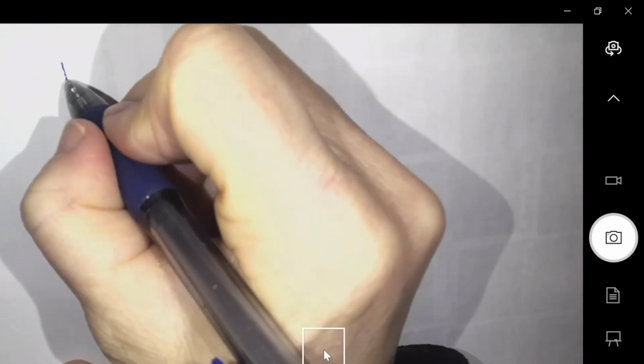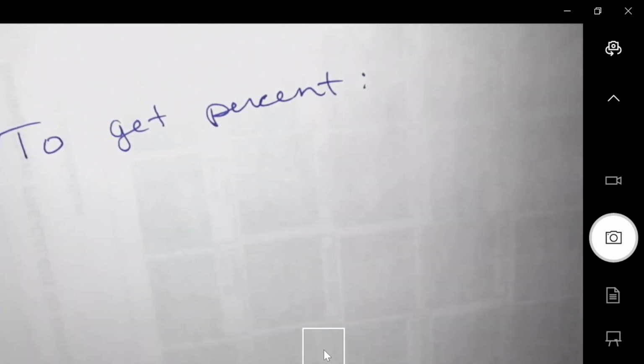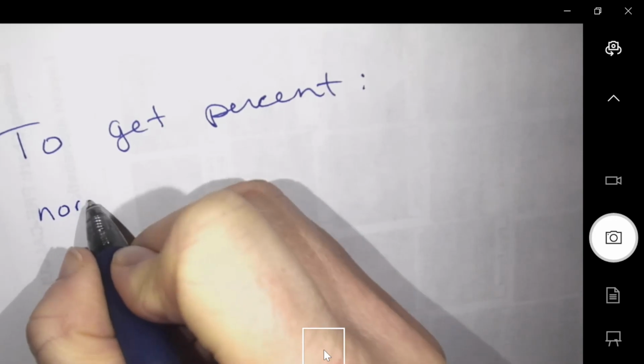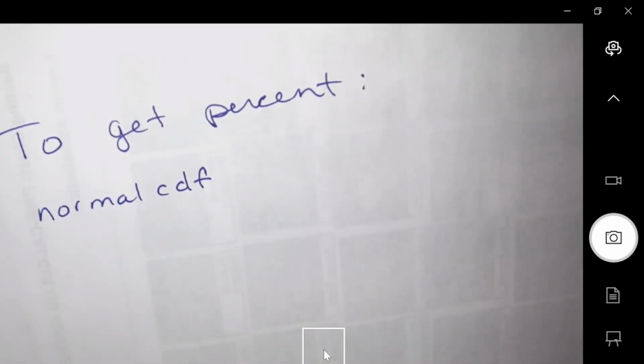Okay, let's talk about your cheat sheet. Make sure you have these things on there. Okay, to get the percent, that's the button you do.